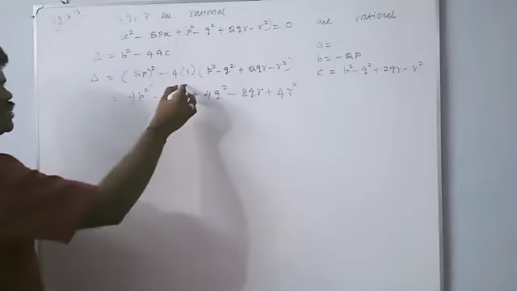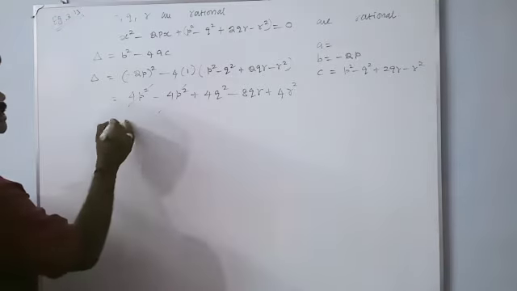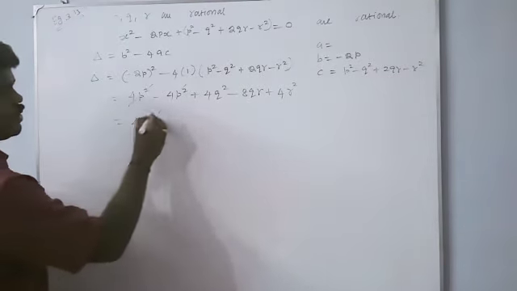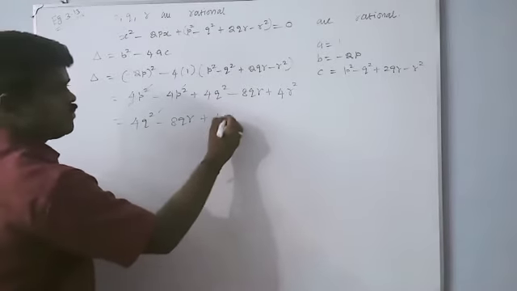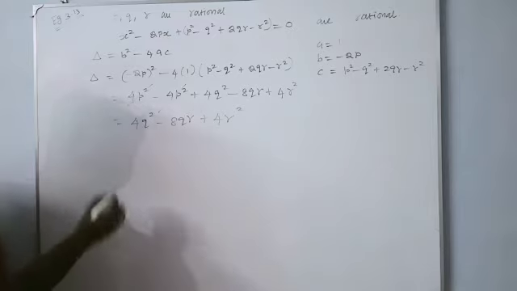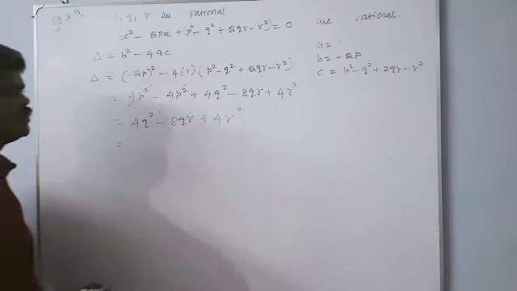So cancel these two terms, which is equal to 4q squared minus 8qr plus 4r squared.